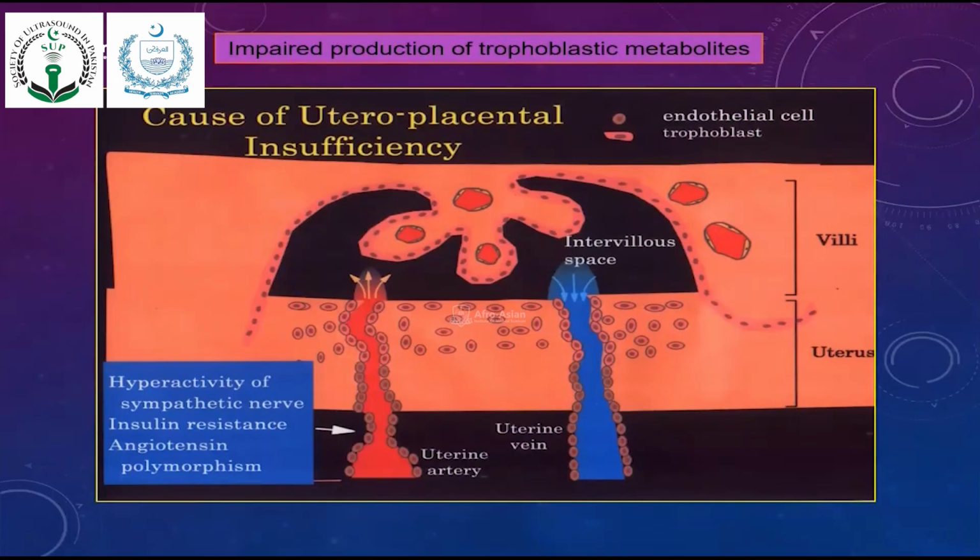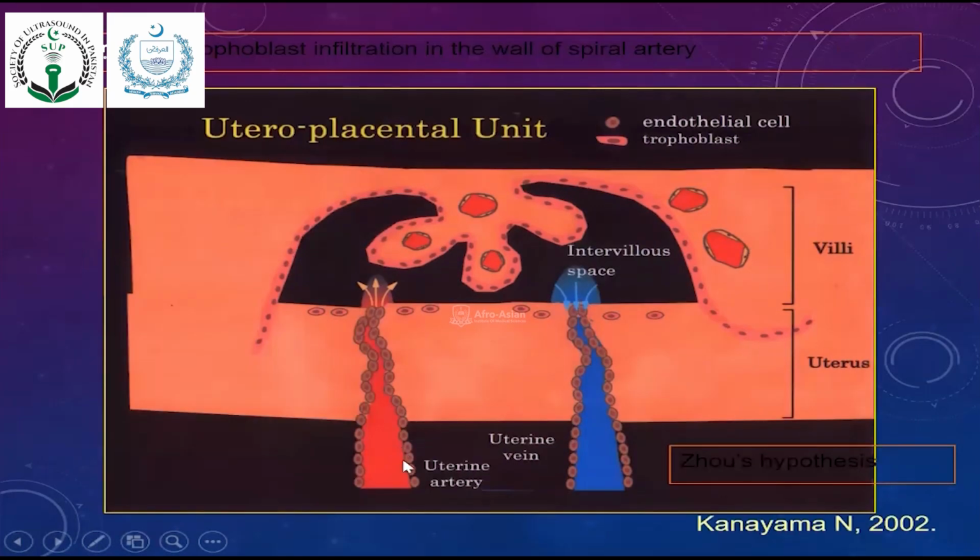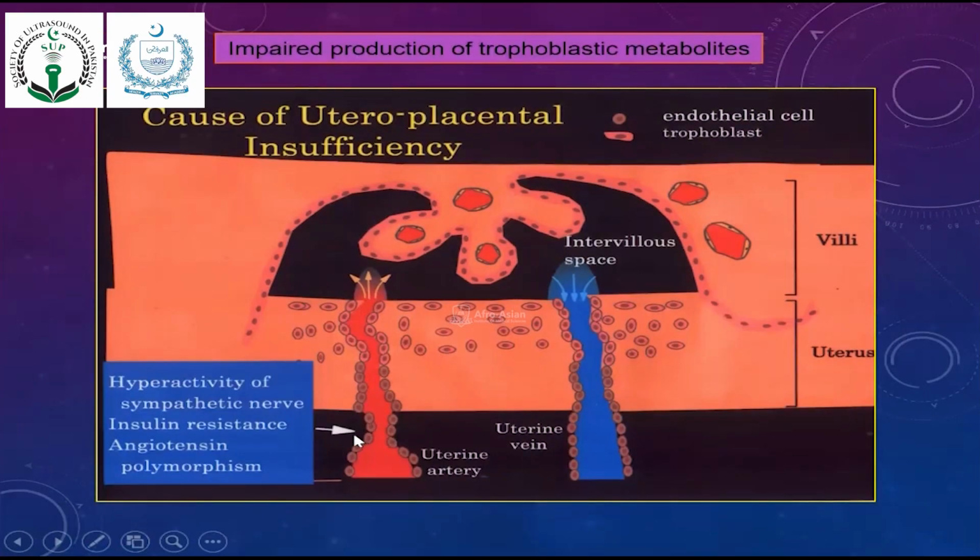Causes of uteroplacental insufficiency. If there is hyperactivity of sympathetic nerves, insulin resistance, angiotensin polymorphism, we will see the changes here in the uterine artery. See, this was broader and continuous. It was tapering towards the villi. Here it has constricted.